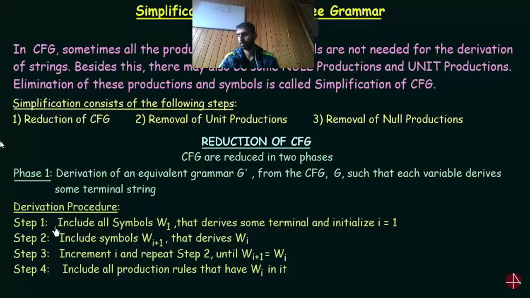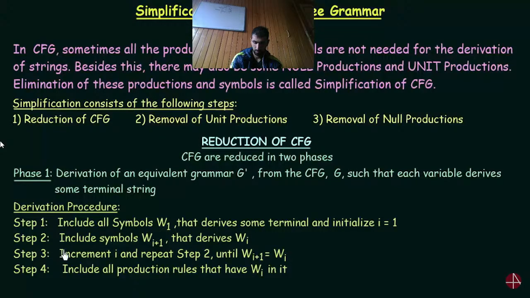The procedure is, step 1: include all symbols W1 that derive some terminal, and initialize i equal to 1. So from our context-free grammar G, we make a set of symbols which we call W1 that contains the symbols that can derive some terminal symbols. Those we keep in our set W1, and then we initialize i equal to 1.